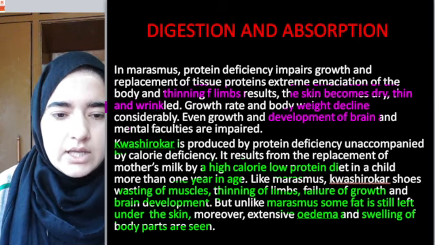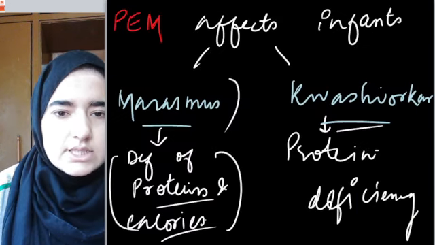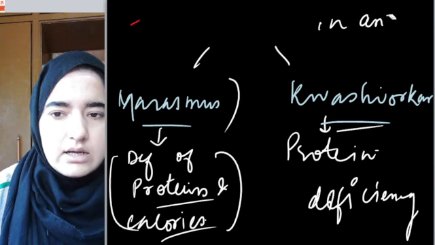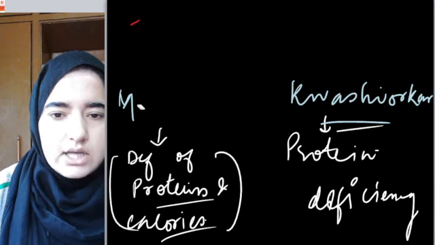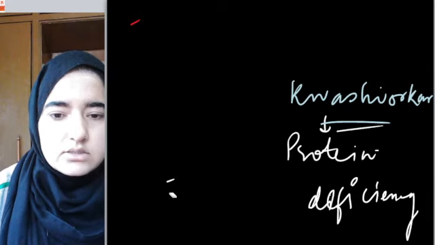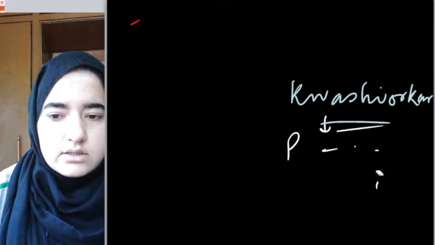Please remember, marasmus occurs in the age group of less than 1 year, and kwashiorkor occurs in greater than 1 year.